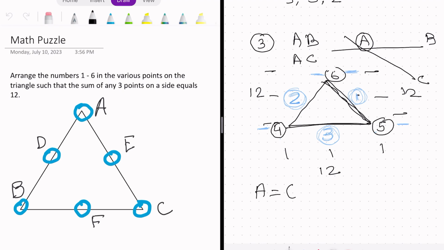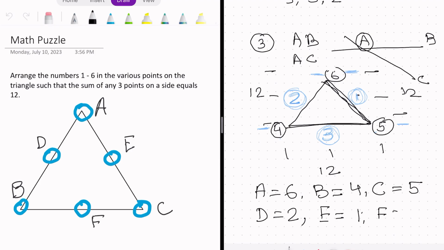We have B, which is 4. We have C, which is 5. Now between A and B, we have D. So D is equal to 2, and between A and C we have E, which is equal to 1, and then we have F between B and C, which is equal to 3.